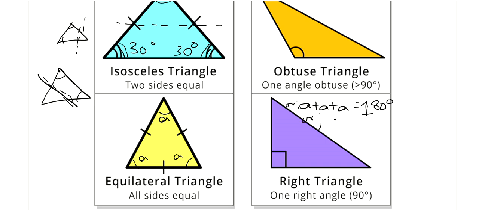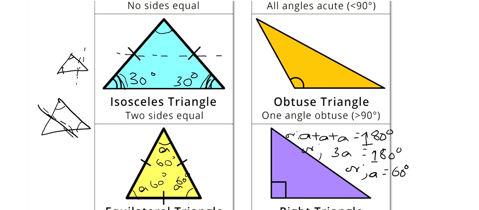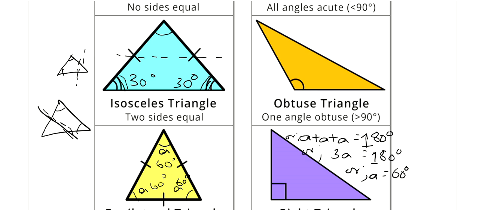So A plus A plus A is 3A equals 180-degree, and when you divide 180 by 3, you're going to get the value of A as 60-degree. Therefore any equilateral triangle is going to have all three angles at 60-degree. So you can say that this one is 60-degree, and this one is also 60-degree, and this one is also 60-degree. Now that's only in an equilateral triangle.